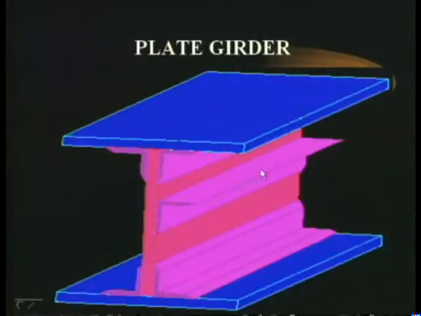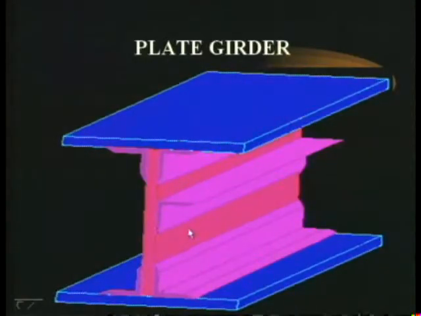A horizontal stiffener like this, or a vertical stiffener, the same angle placed in a vertical direction, these are called intermediate stiffeners. I think this 3D view will give you a better understanding of the various components of the plate girder. A web plate, flange plate, you can have any number of plates. You can have another plate over this depending upon the section modulus which is required. These angles, flange angles, this is the stiffener.